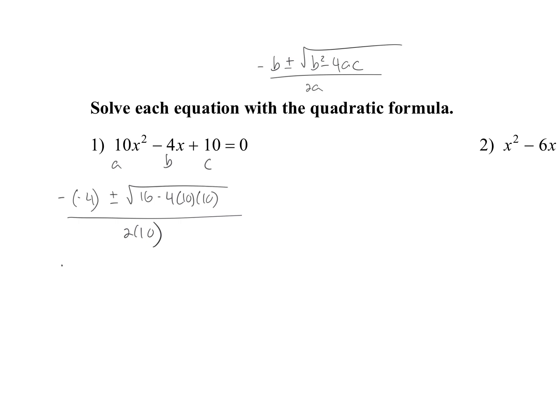This is going to simplify to positive 4 plus or minus the square root of 16 minus 400 over 20. Now it's going to be 4 plus or minus the square root of negative 384 over 20.